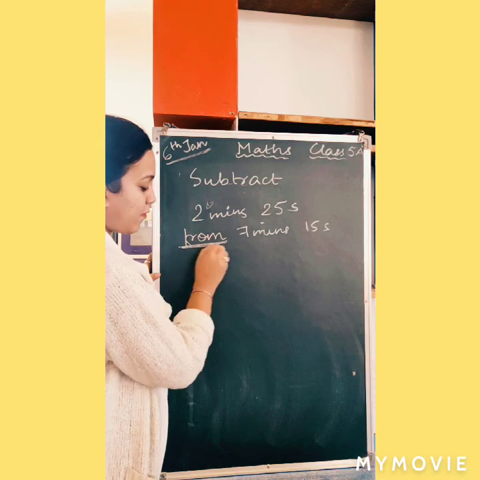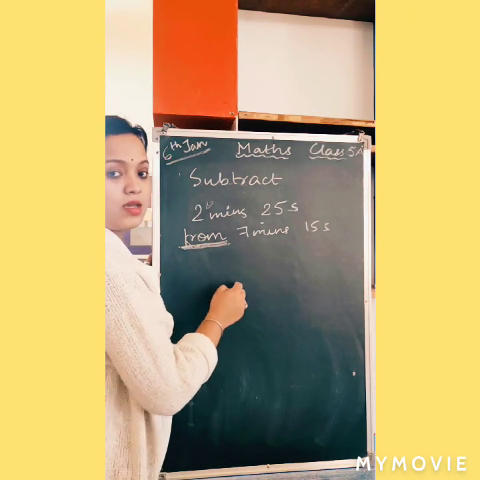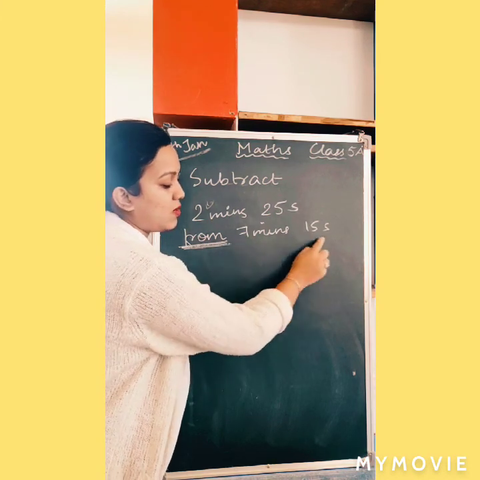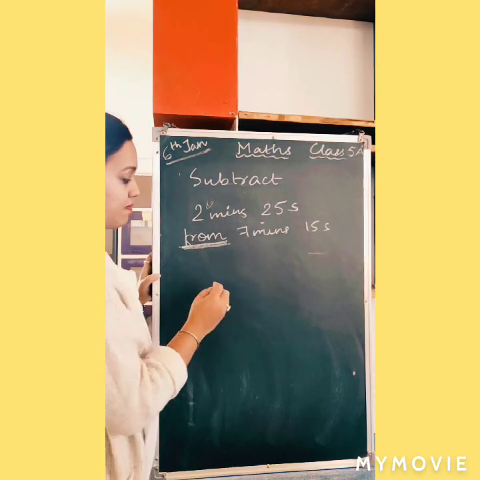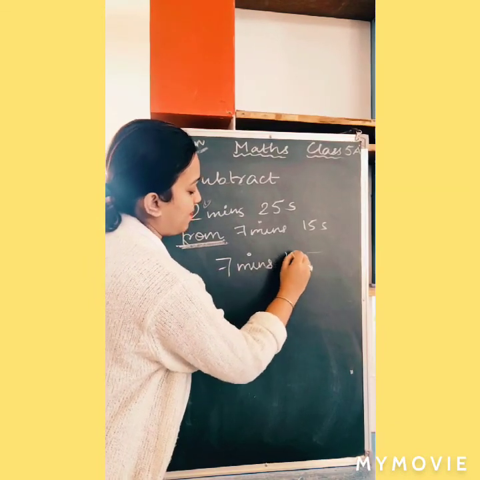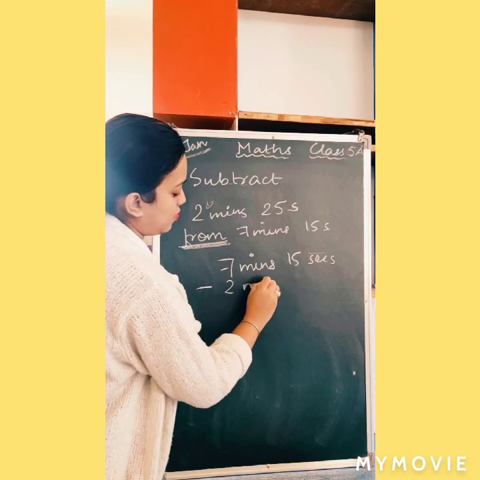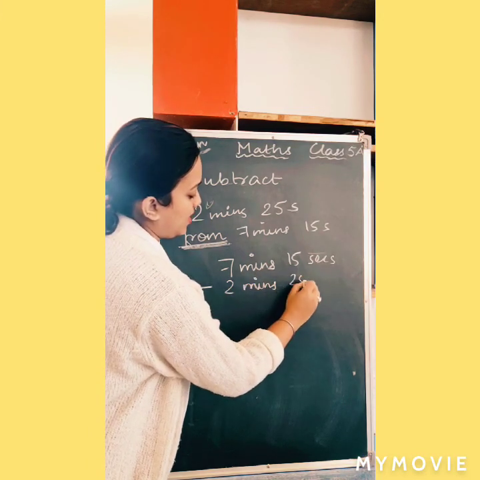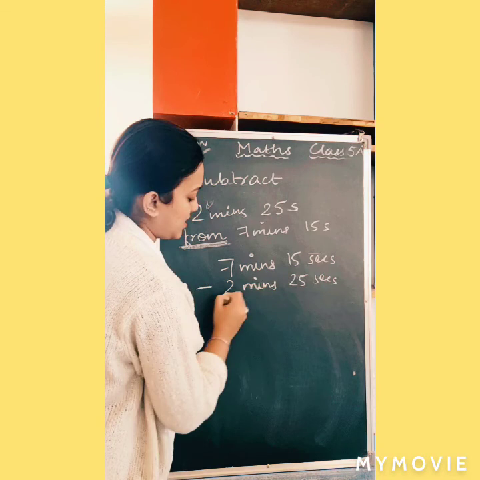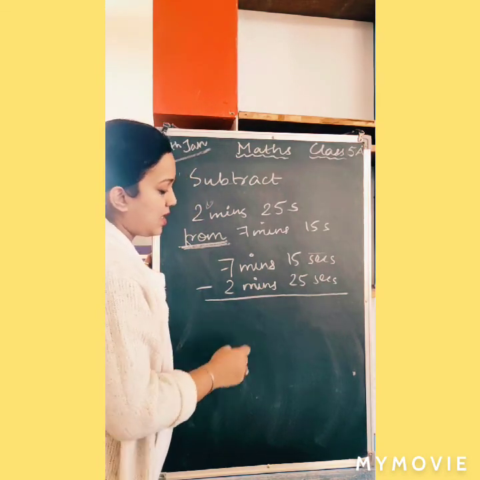Now when there is "from" mentioned here, that means this particular number should be written on the top. That means 7 minutes 15 seconds minus 2 minutes 25 seconds. Correct? Now what do you see here?